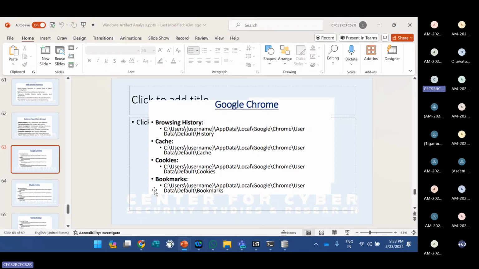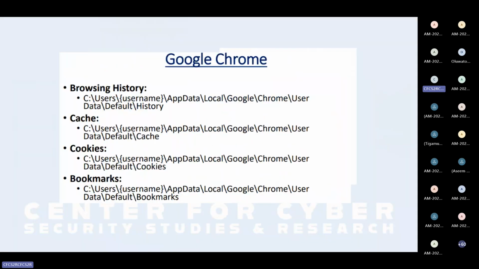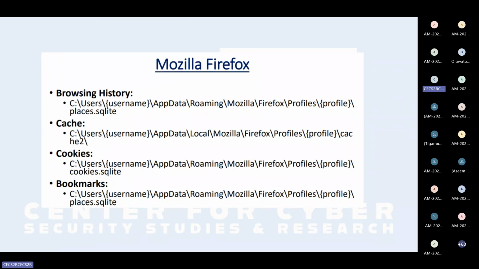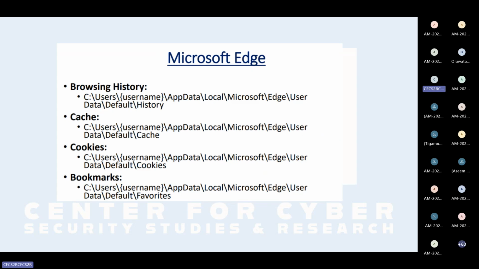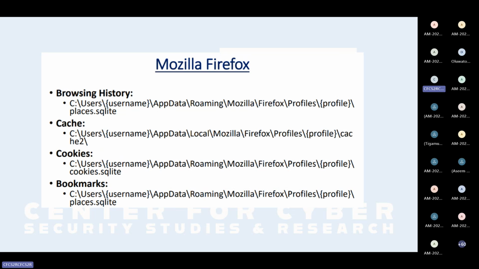So you can navigate to that particular folder. The important thing is that for Google Chrome the file location is different, for Mozilla the file location is different, and for Edge the file location is different. But for all three browsers, I have given you the entire location, so if you want to browse through these locations, you can go ahead.